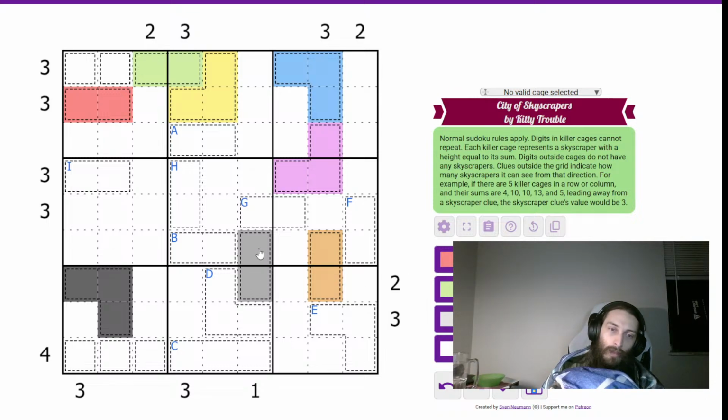Okay. If gray was larger than D, it would have to be smaller than C. Because we do know that C is larger than gray.